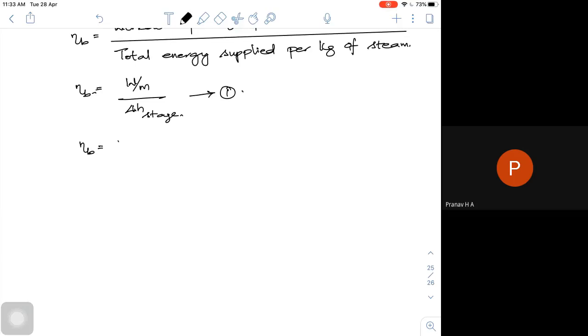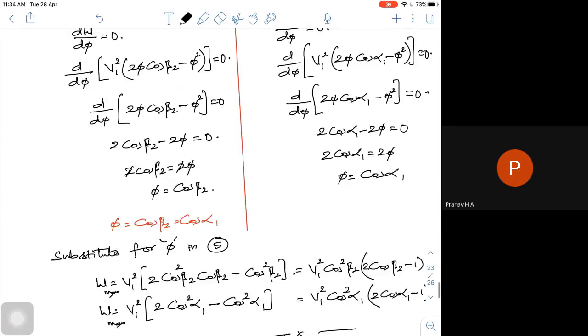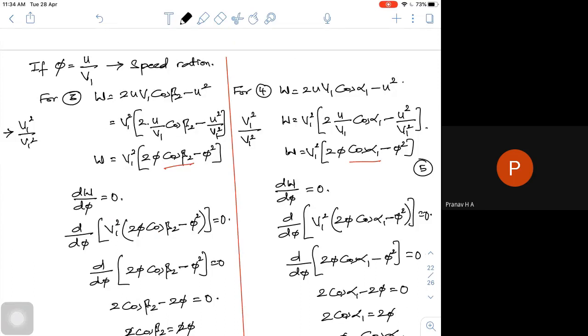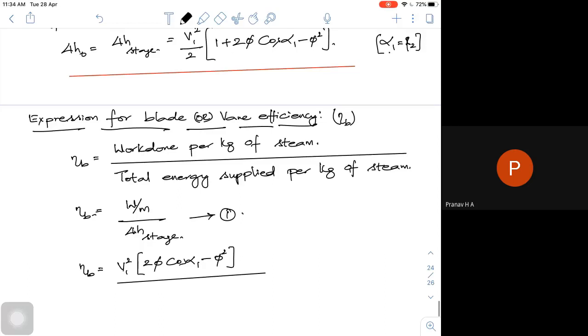It is W equals V1 square into 2 phi cos alpha 1 minus phi square, divided by the expression we just derived for your delta H stage, that is V1 square by 2 into 1 plus 2 phi cos alpha 1 minus phi square.